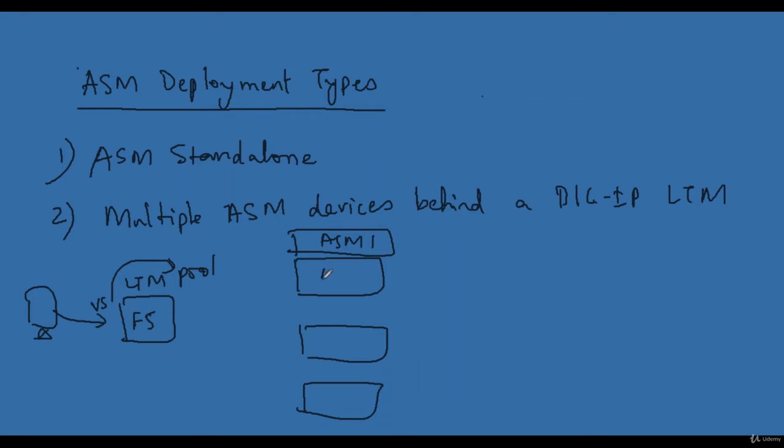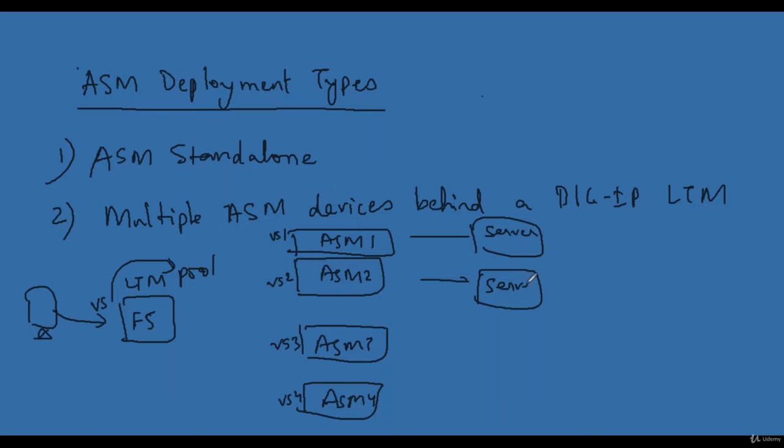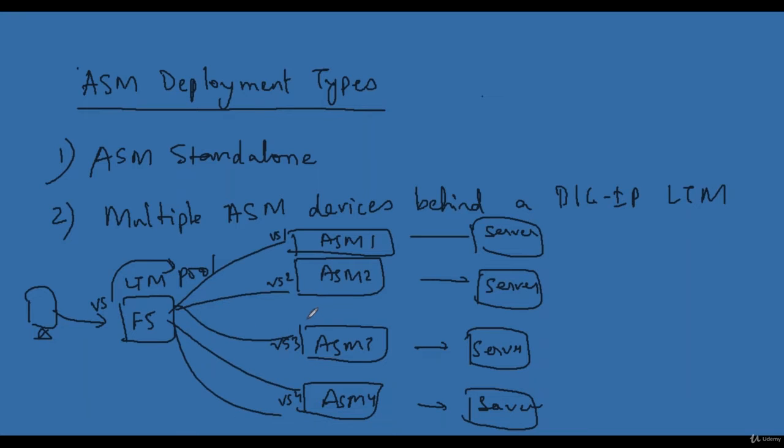Let's say this is ASM1, ASM2, ASM3, ASM4. On each you would be having one virtual server, and then behind this you will have the servers. So F5 is load balancing across all the various ASM devices.